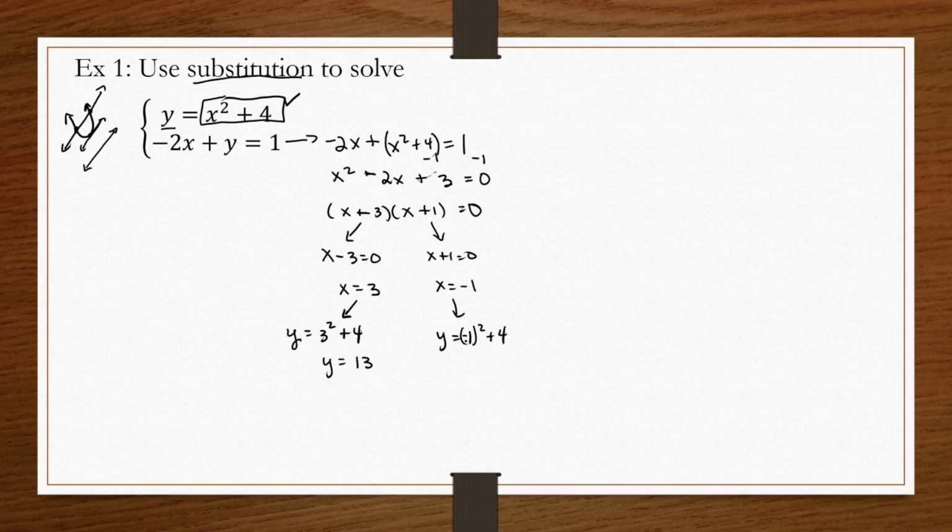And when I put the negative 1 in, negative 1 squared becomes 1, so I get y equals 5. Okay, so my solution needs to be written as ordered pairs so that I pair the y to its corresponding x value.